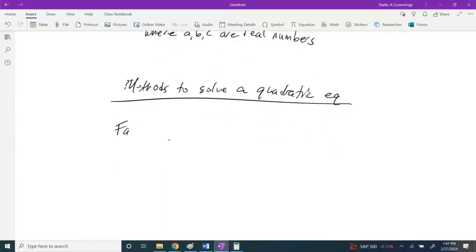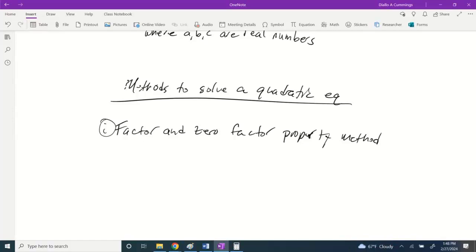We have the factor and zero factor property method. This is the first, when you're asked to solve an equation, if they're not actually telling you which method they want you to use, this is where you should look first. The factor and zero factor property method.